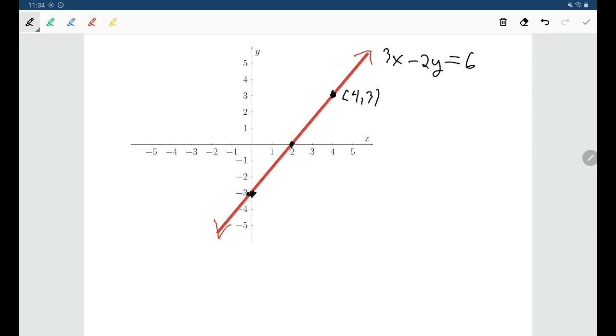This would be an example of a well-labeled graph of my line. If you're looking at this, you know what I've graphed because I've given you the equation of the line. You know where all the points are because I have enough information on the graph to tell you where the points are. I've got the coordinates labeled, I've got the tick marks labeled. I've also labeled which axis is the x-axis and which one is the y-axis.